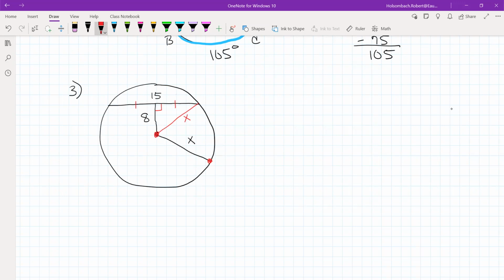And if we take the 15 and we divide it by 2, it gives us this blue portion of this right triangle. So that's going to be 7.5. So now Pythagorean theorem again. 8 squared plus 7.5 squared equals x squared.